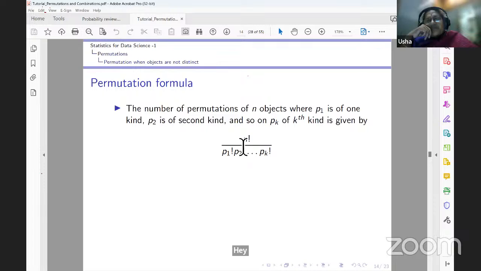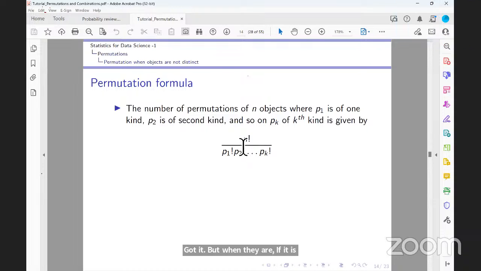Got it? But when there are women, if it is 5 men and 3 women, then how many ways can I arrange 5 men and 3 women if the 3 women are together always? It would be 6 factorial multiplied by 3 factorial.